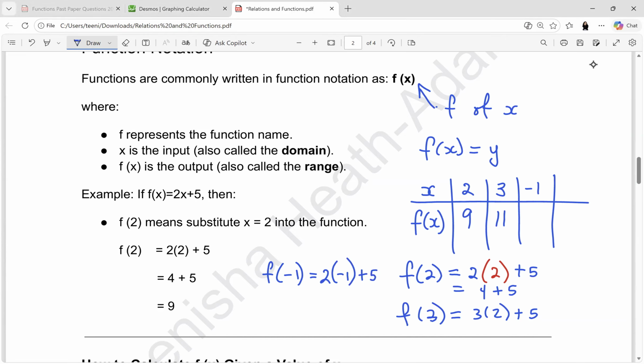Oh, I really did the wrong thing. Okay, right. So then that would make f of x equal to 3. Yeah, f of x equal to 3. Correct. Good.